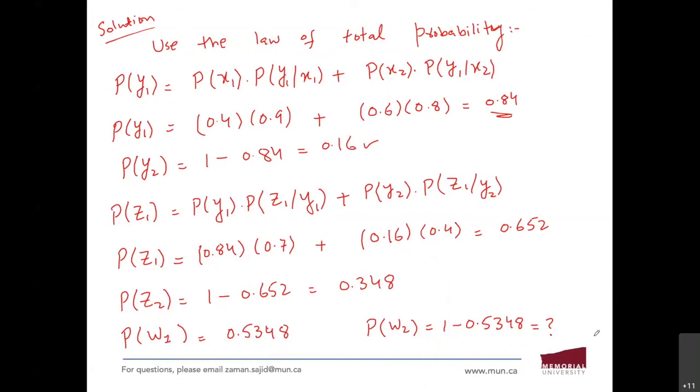What we just studied is called the message passing algorithm.